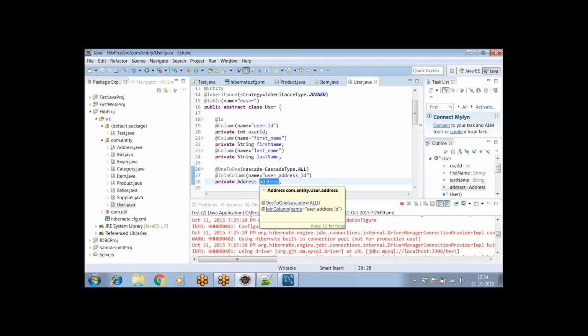Okay, fine. So this is about the fetching strategies. If it is clear, let's move on.